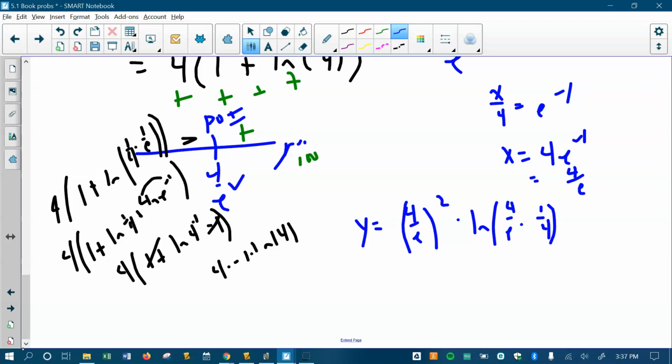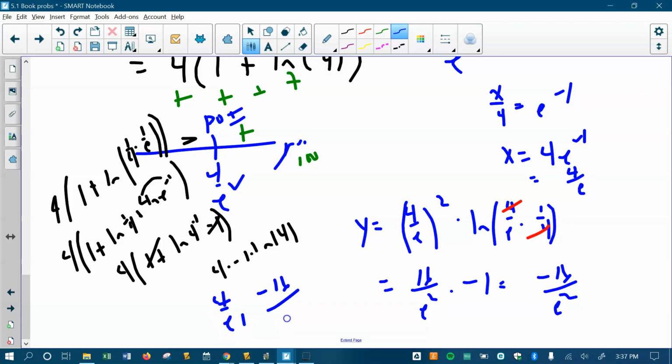Okay, I'm going to have to go soon, so we better hurry this up. ln of that. Okay, we got 16 over e squared times ln of e to the negative 1, which is negative 1, which is negative 16 over e squared. So the point of inflection is going to be 4 over e and negative 16 over e squared.